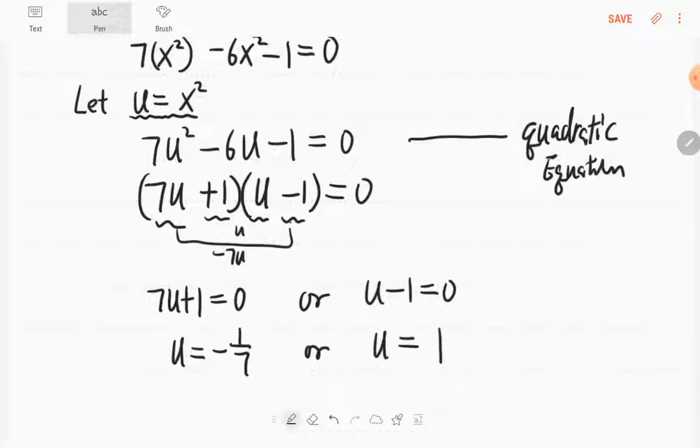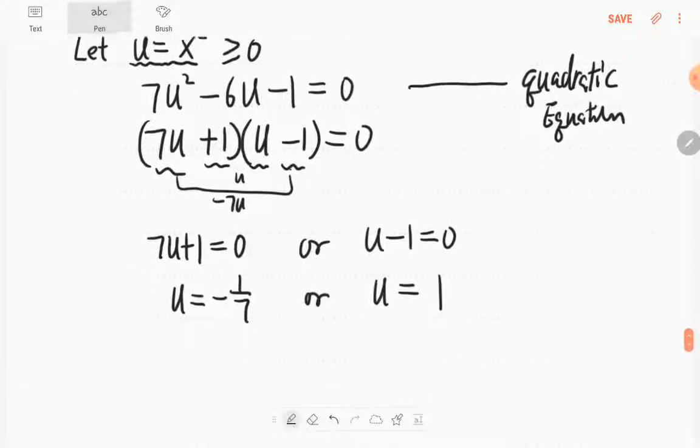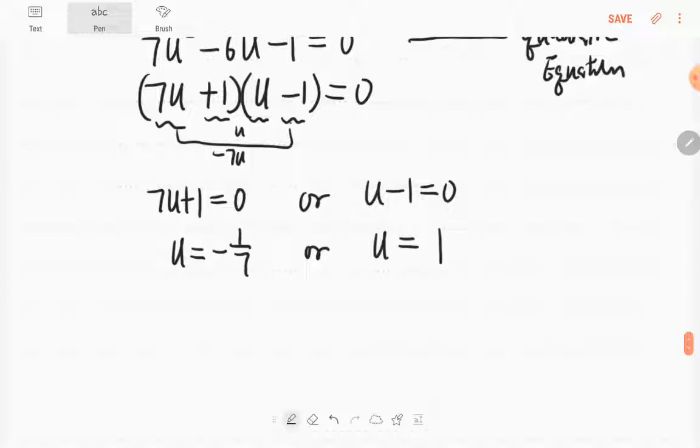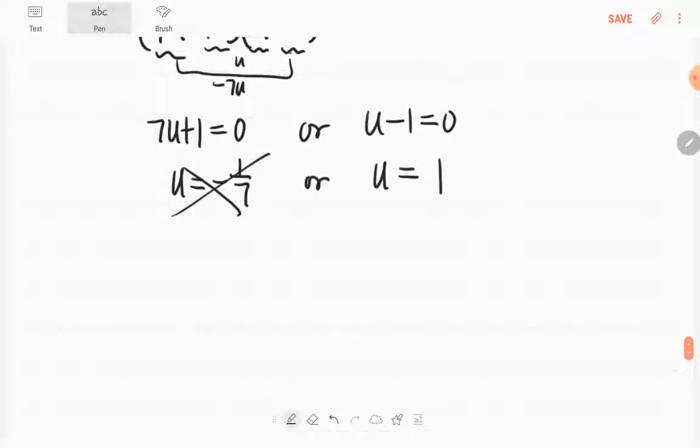We know anything squared is non-negative. So u must be a non-negative number, greater than or equal to 0. When you have u equals negative 1 over 7, that means this is not the answer. The answer is u equals 1.